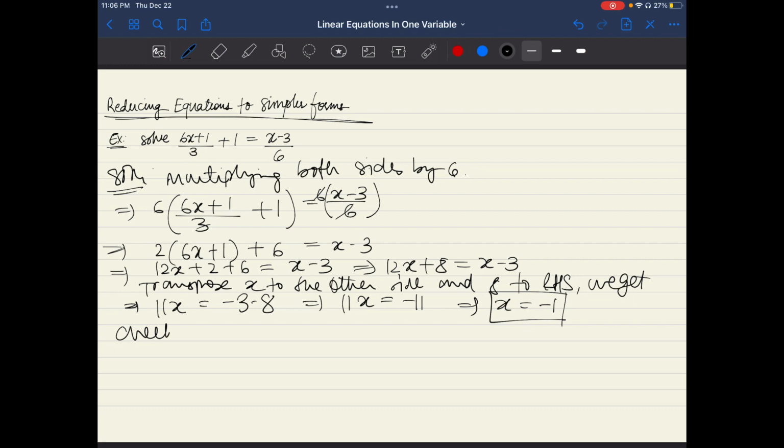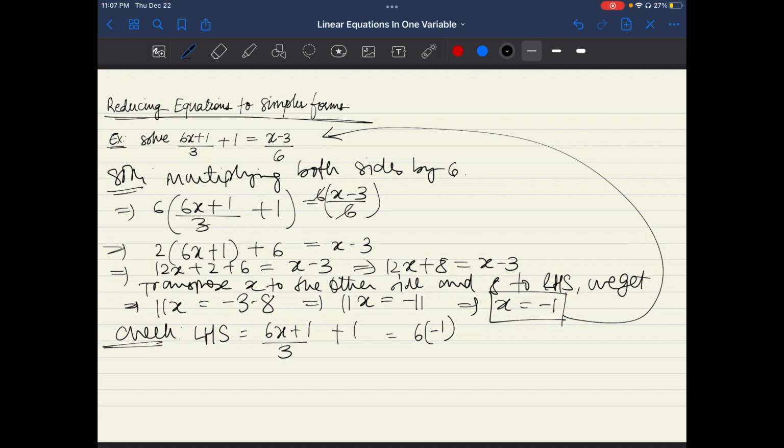And now we can check if this is the correct solution by plugging the value of x into our original equation. So in this case, our LHS is (6x plus 1)/3 plus 1. That will be (6 times minus 1 plus 1)/3 plus 1. It's minus 5 over 3 plus 1, which equals minus 2 over 3.